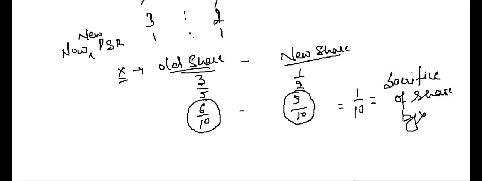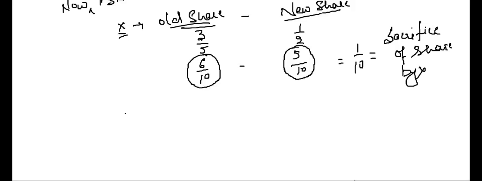Earlier his share was 3 by 5, now it is 1 by 2. With a common denominator 10, earlier it was 6 by 10, now it is 5 by 10. So there is a reduction in the share by 1 by 10. This is a sacrifice by X.